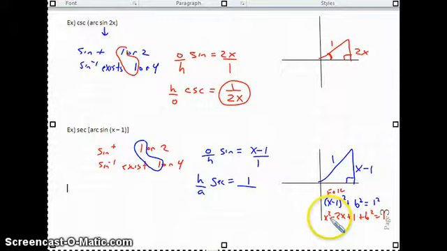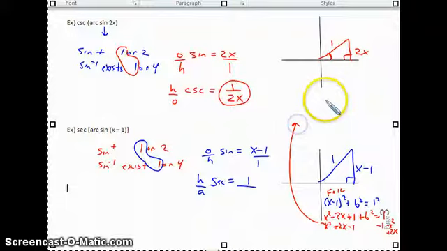So I'm going to subtract, add, subtract. I end up with b squared being equal to, the 1's cancel out, negative x squared, and then plus 2x.